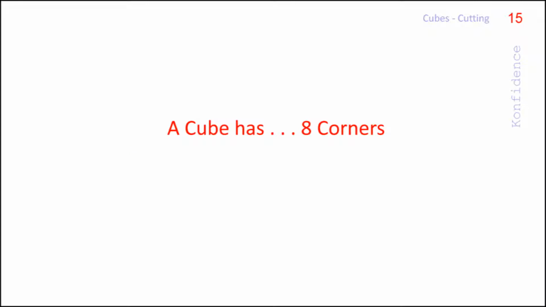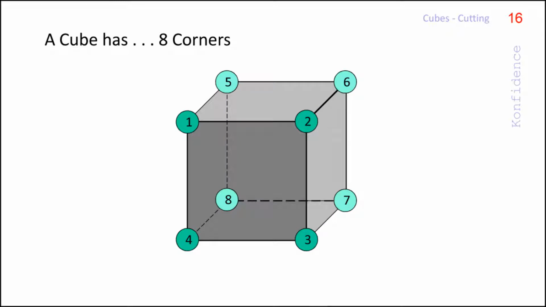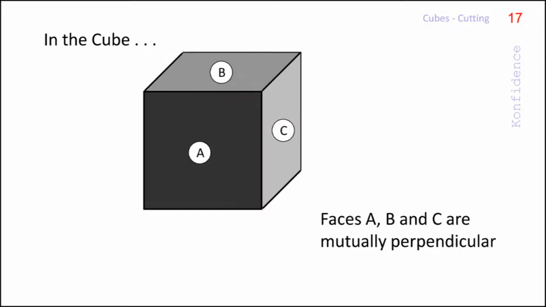Every cube has 8 corners. Thus, a cube has 8 corners, 12 edges, and 6 faces. Further, at every corner of a cube, the 3 adjacent faces are mutually perpendicular.